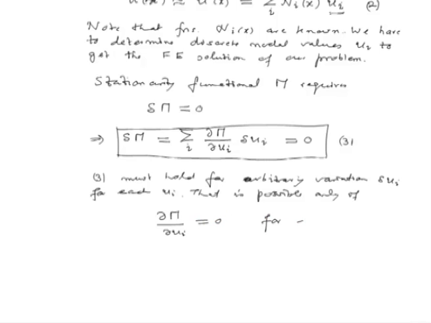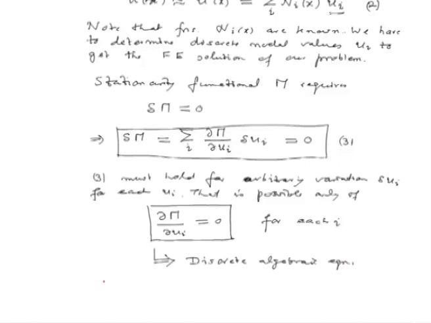for each I, and this is what gives us the discrete algebraic equations which we seek as a part of our finite element formulation. And of course, those discrete equations would be in terms of the elemental integrals, and we need to evaluate those integrals to get the final discrete system.